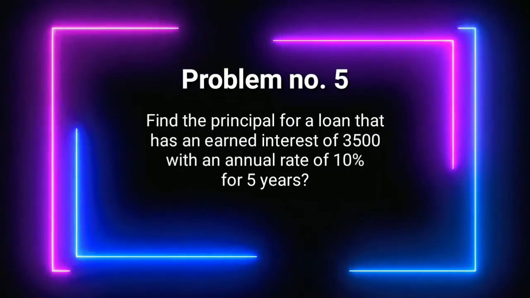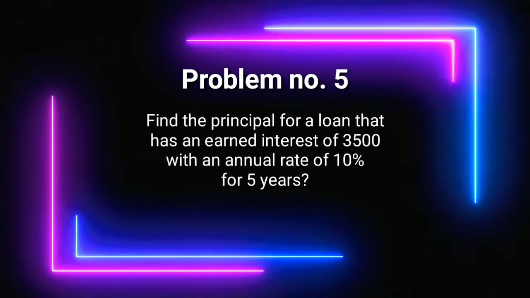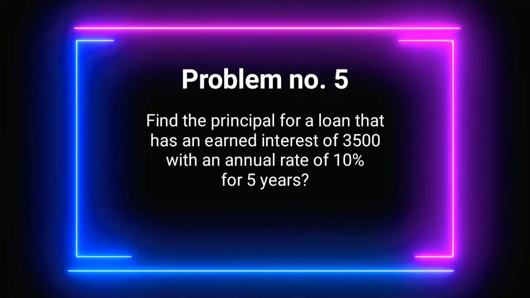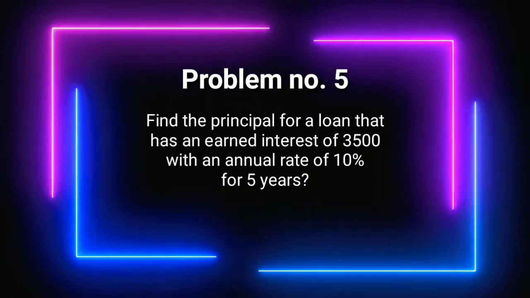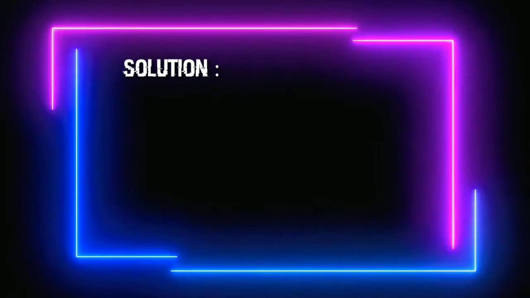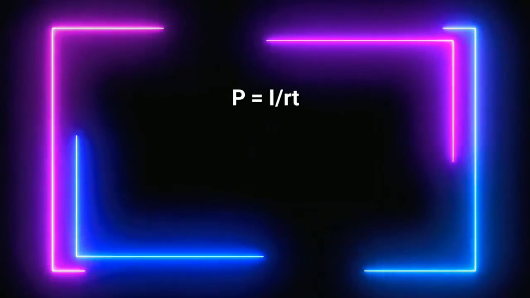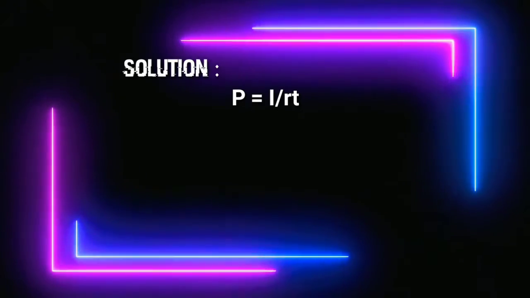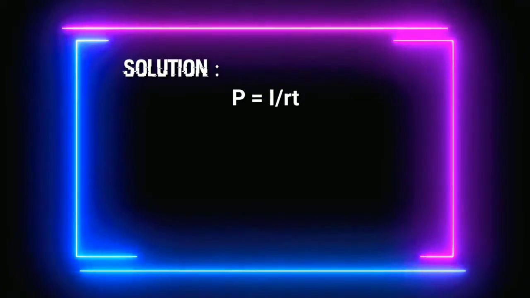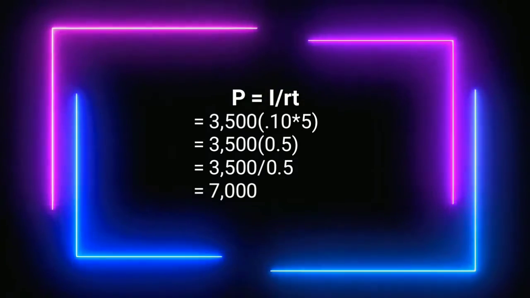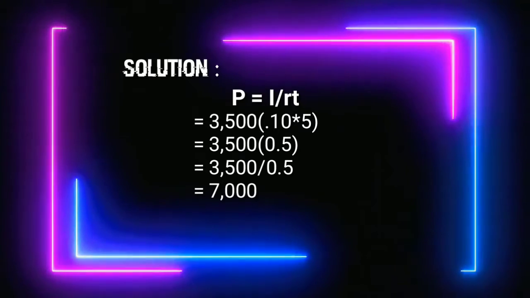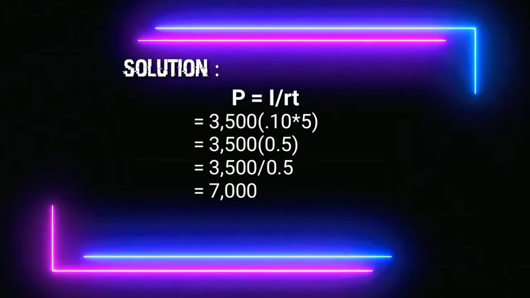Problem number 5. Find the principal for a loan that has an earned interest of 3,500 with an annual rate of 10% for 5 years. So in this problem, we're gonna derive the formula for simple interest to find the principal. So the formula is P equals I divided by R times T. The interest is 3,500 and the interest rate is 0.10 and the time is 5.